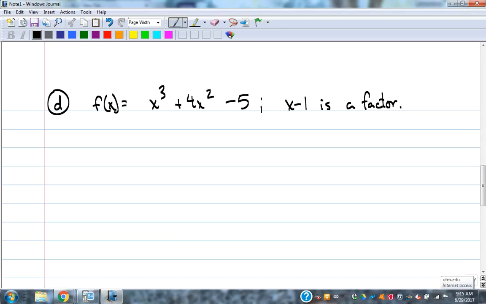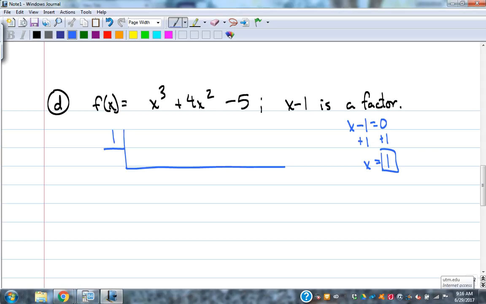All right. So if x minus 1 is a factor, that means if I set up synthetic division to break this polynomial down, what goes on the shelf? 1. Because when you set that equal to 0, you get x equals 1. And that's what goes on the shelf. Okay.